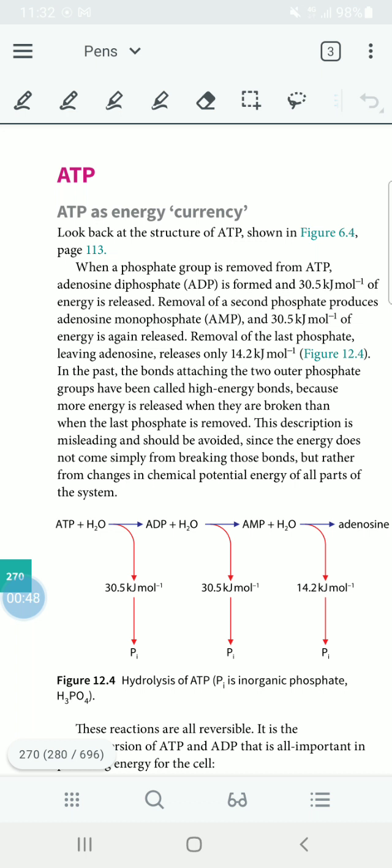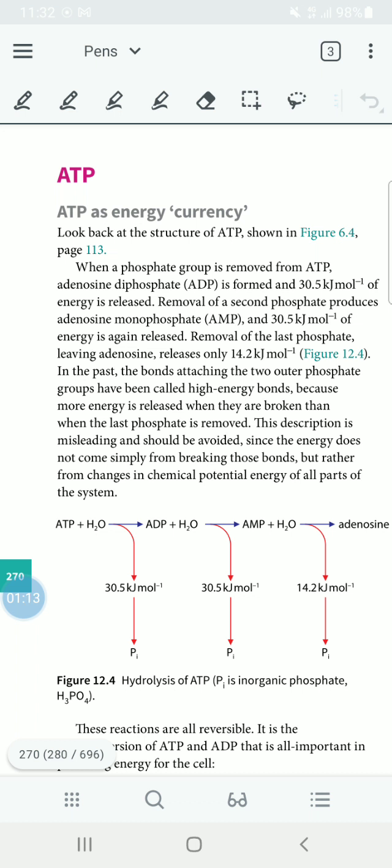If that person wants to buy ice cream, he can pay that currency to the ice cream producer and get that. So currency is not exactly the producer or the consumer. It is simply a medium. So ATP is a medium through which energy is transported. So it is simply an intermediary product.